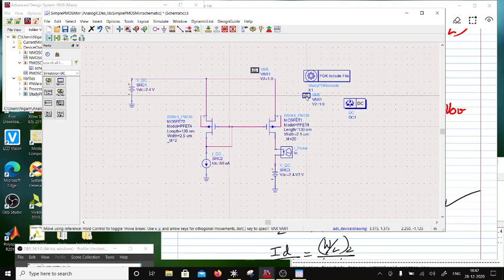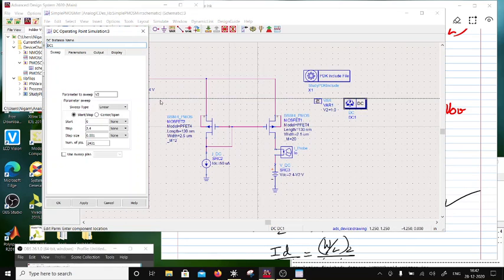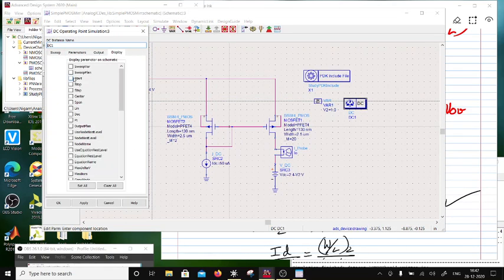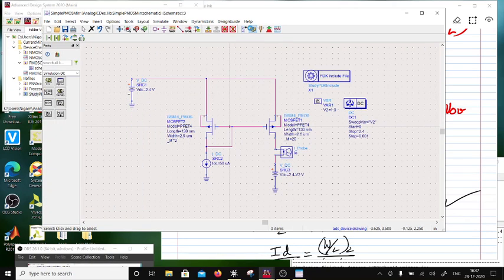So now if I sweep V2 like this, let me just display it, and I hit simulate.